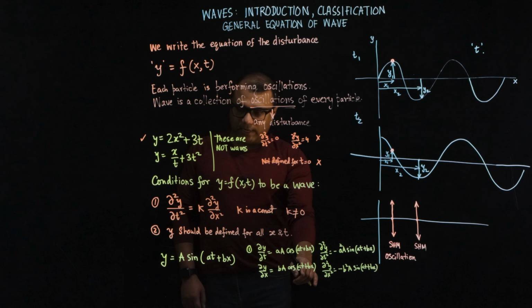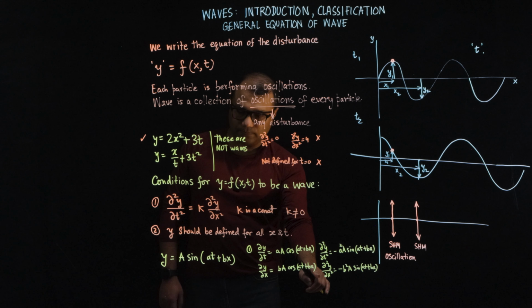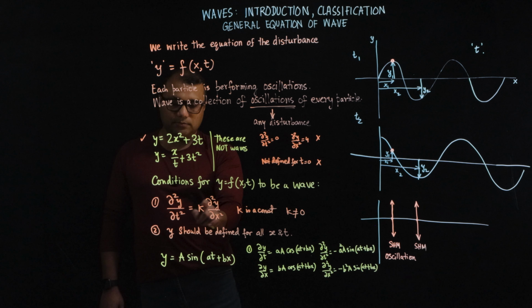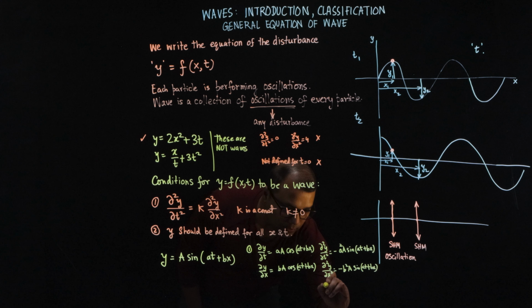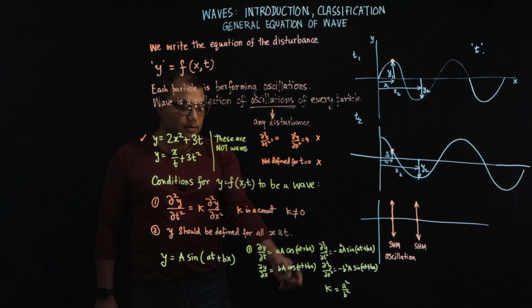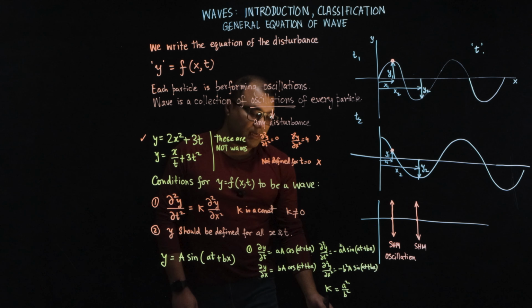Now if I divide this by this, what's the value of k? Sine gets cancelled out, minus minus and a gets cancelled out. It becomes a square by b square. Given a and b are not equal to 0, is k a constant?